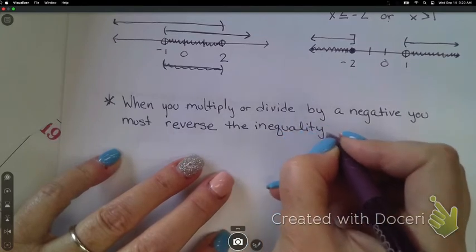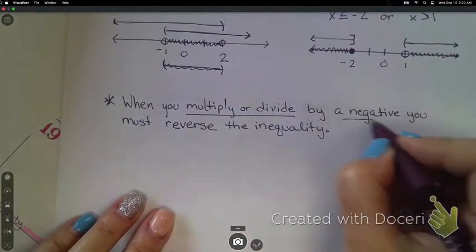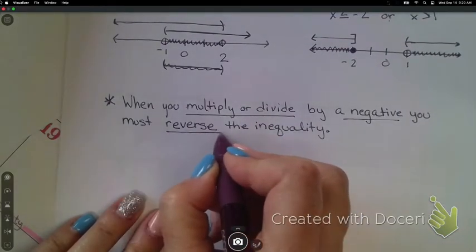What does that mean? So when I multiply or divide by a negative, I must reverse the inequality.